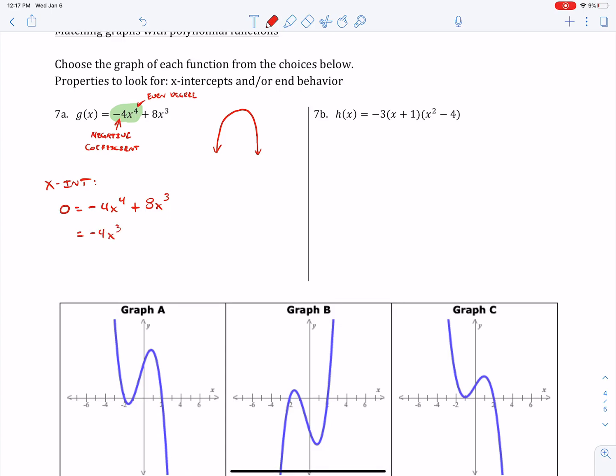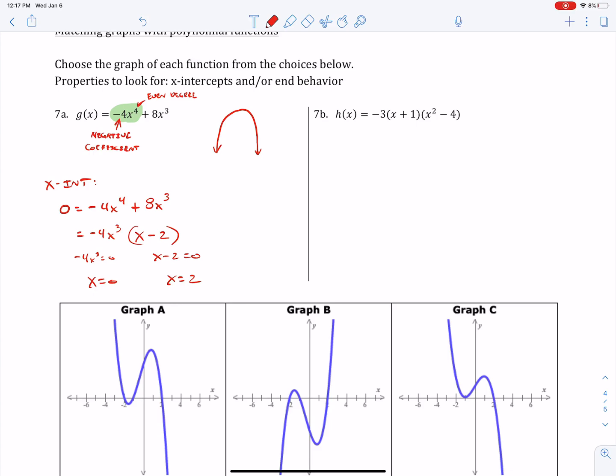After I take negative 4x to the third power out of negative 4x to the fourth power, I'm just left with x. And once I take negative 4x to the third power out of that 8x cubed, I'm just left with a negative 2. If I set both equal to 0, I have negative 4x cubed equals 0 and x minus 2 equals 0. This leads me to x equals 0 and x equals 2.